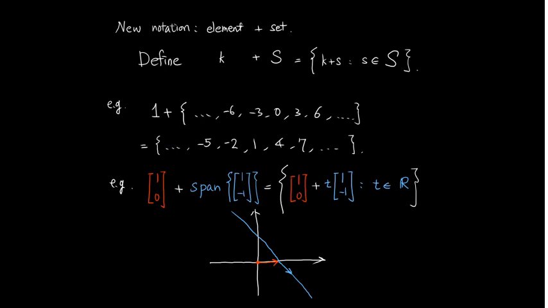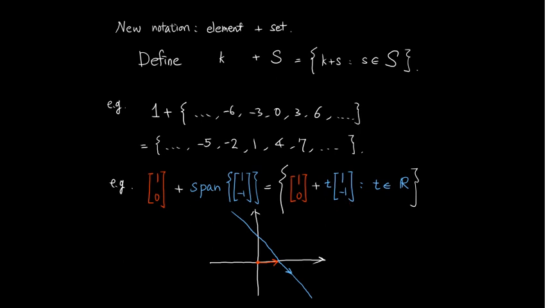Another example, because the span is also a set, right? In the previous example, the span is a set composed of all the vectors on the straight line. The other way to say that is t times the vector, where t can be anything. So if I say a vector plus the span, it means the vector plus whatever vector is in the span.